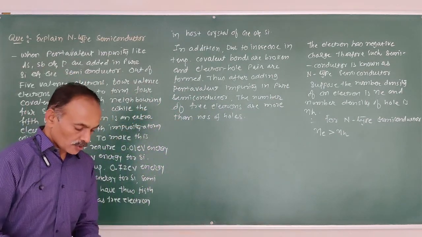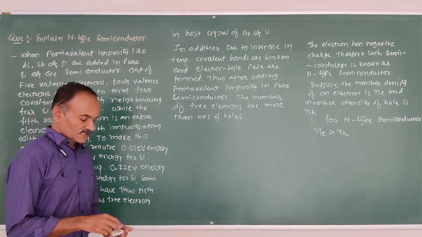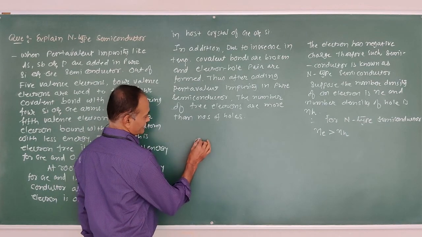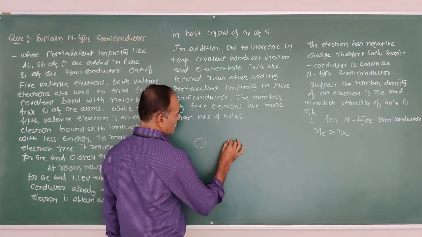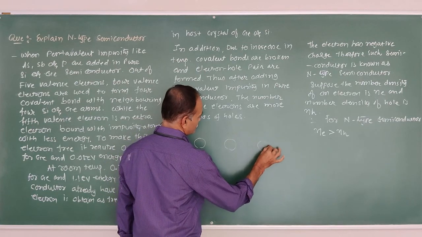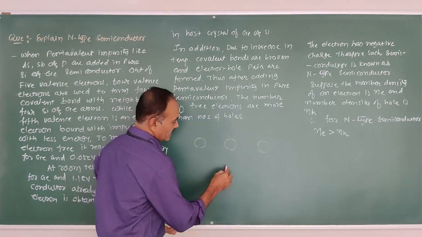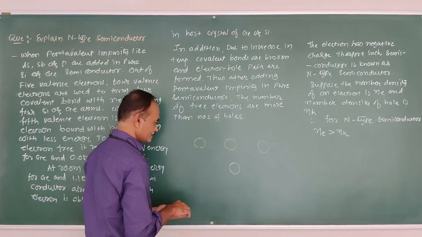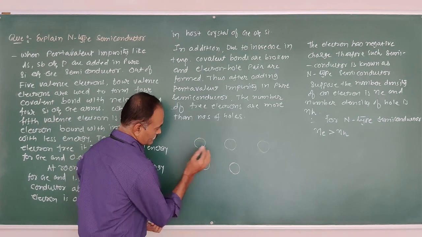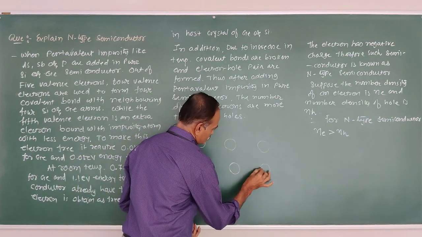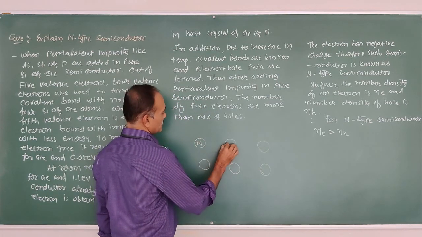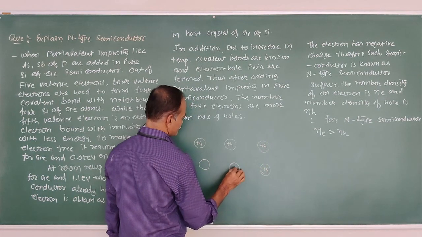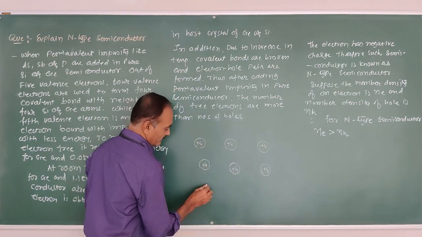Okay, what is the lattice structure of the N-type semiconductor? These are the pure silicon or germanium atoms. Here we add the arsenic, antimony or phosphorus atom. Plus 4 represents the valence of the silicon or germanium atom.